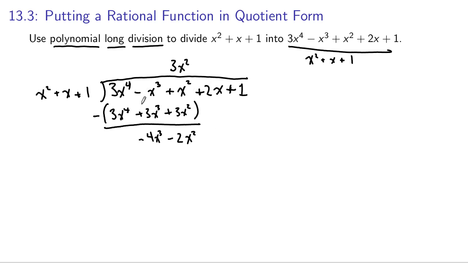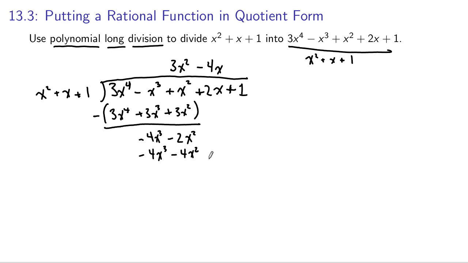So what do we need to multiply x squared by to get minus 4x cubed? We need to multiply by minus 4x. So minus 4x times x squared gives us minus 4x cubed. Minus 4x times x gives us minus 4x squared.